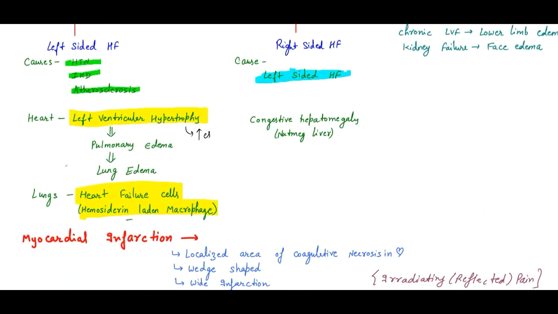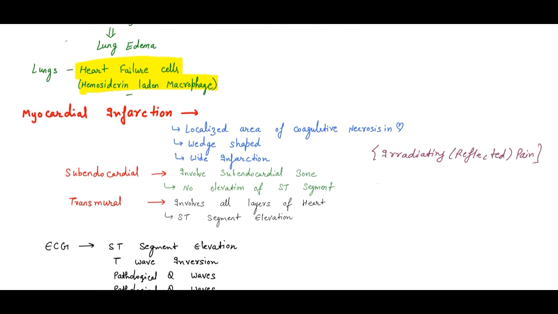In right sided heart failure, remember congestive hepatomegaly, or the nutmeg liver. Next we have myocardial infarction.